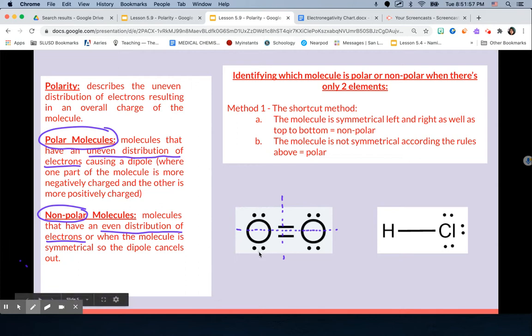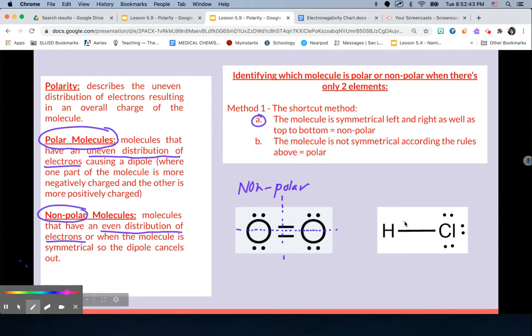And if they are symmetrical, to me, that is nonpolar. So in this case, the molecule is symmetrical both left and right, meaning they're the same left and right, and top and bottom, right? So this shows me that it is nonpolar.